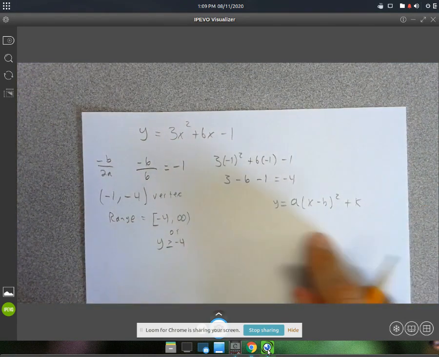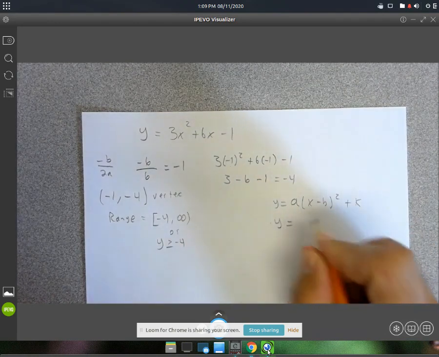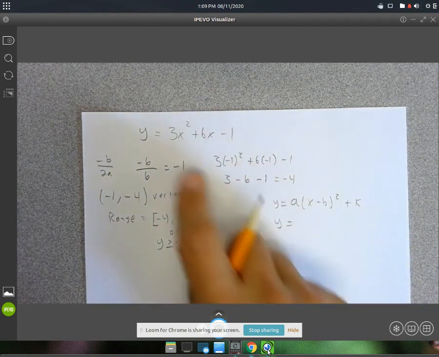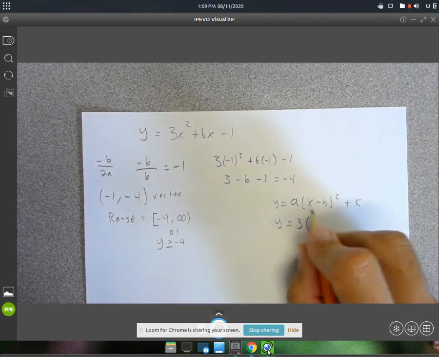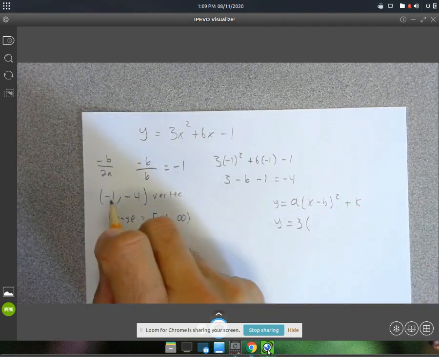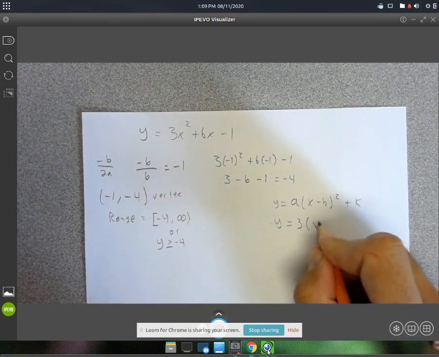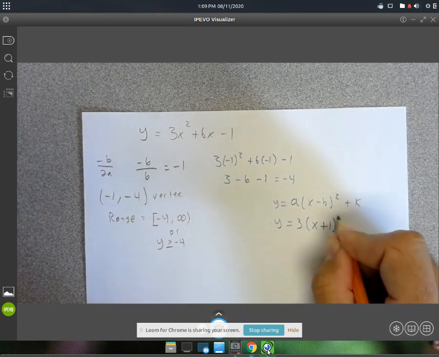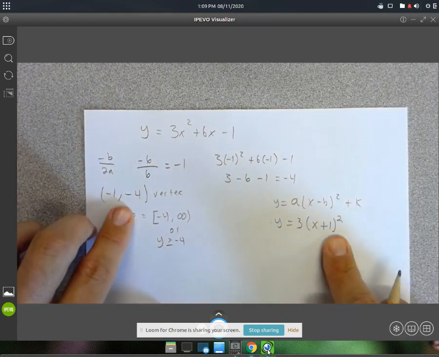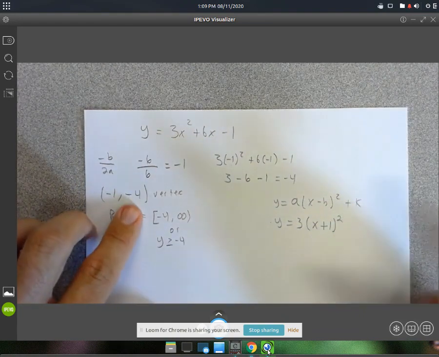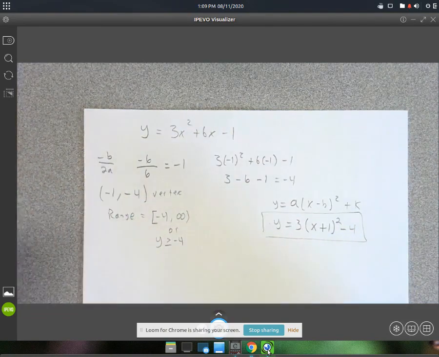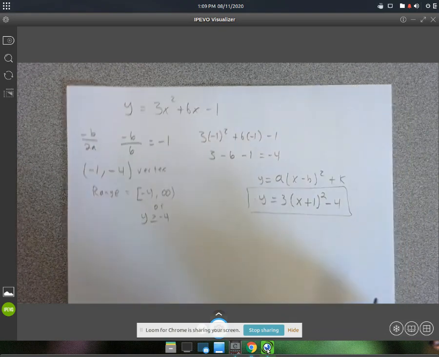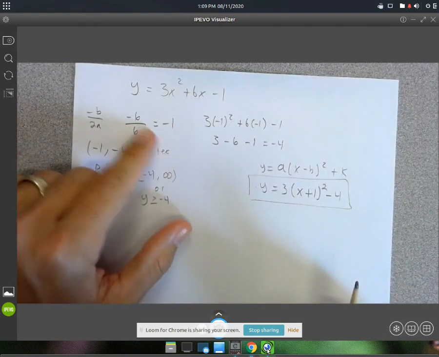All right, so our vertex form is going to be the a, which in this case was 3, and then it's going to be x minus h, or the opposite of whatever the x-coordinate is, so x plus 1, and then for the k, it'll be a minus 4. All right. Converted it.